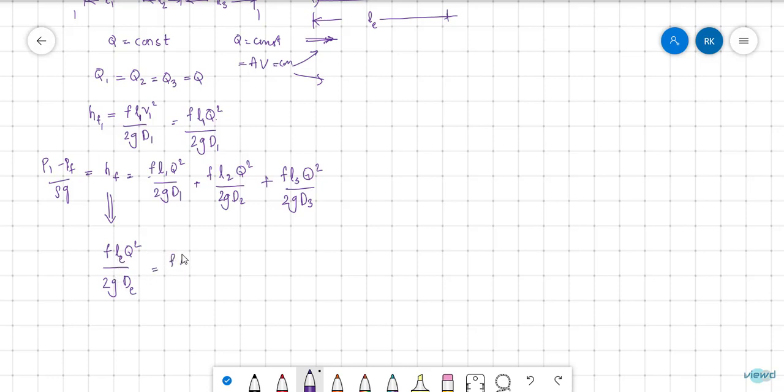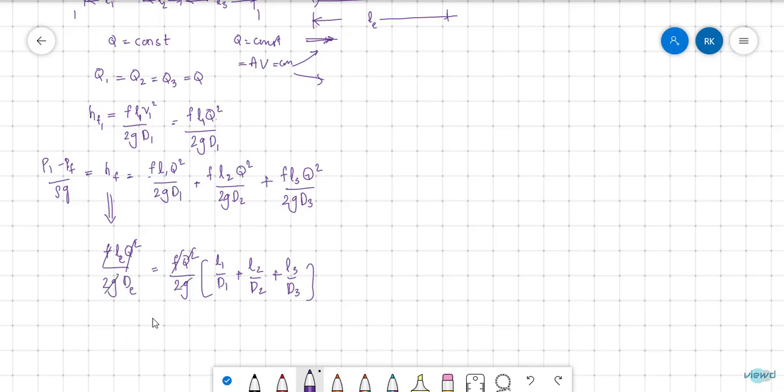That will be equal to, taking F Q square divided by 2G as common, L1 by D1 plus L2 by D2 plus L3 by D3. Now F gets cancelled, Q square, 2G.